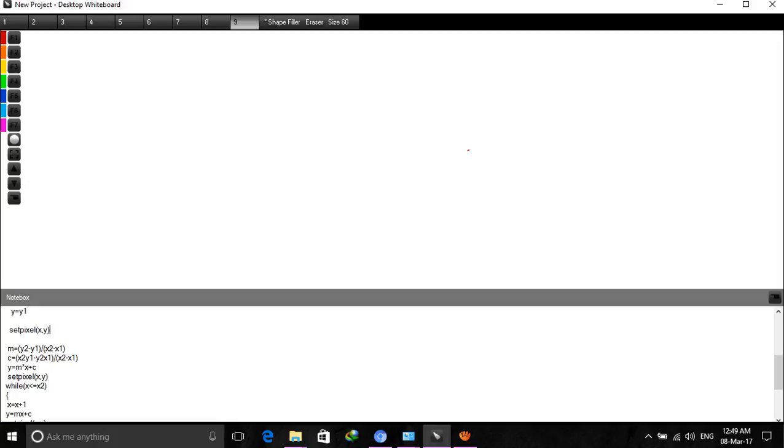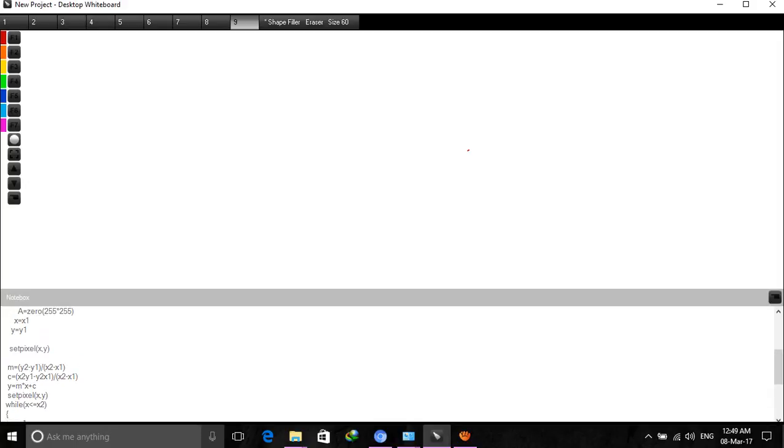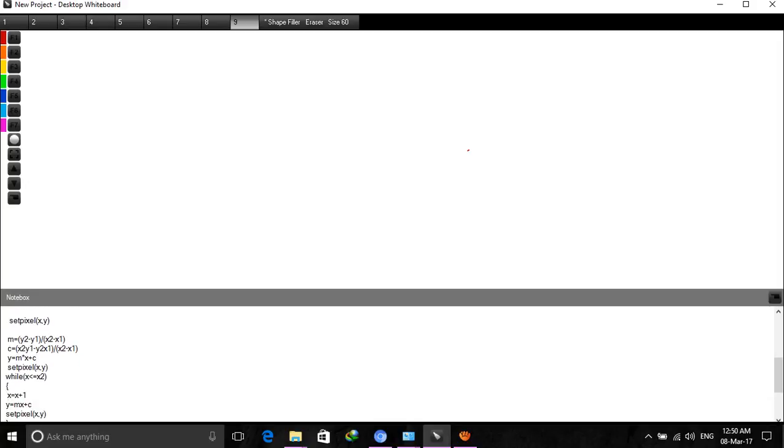You can eliminate this pixel also, because given a value of x1, we calculate the y1. Given a value of x, we calculate the value of y, then you put the set pixel method. If you put set pixel here also, there is no problem, because you initially set pixel the starting point, and then update the value of y, then again set pixel.